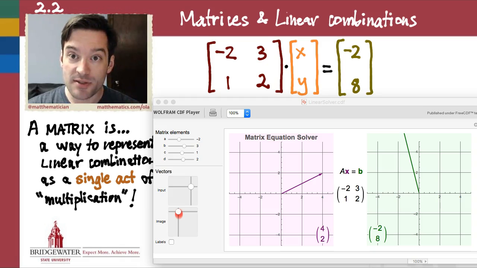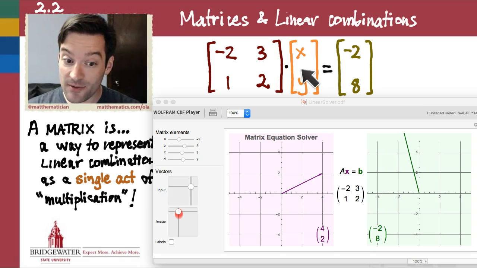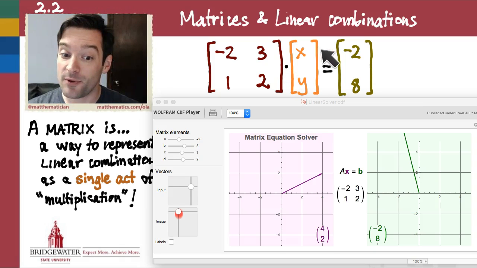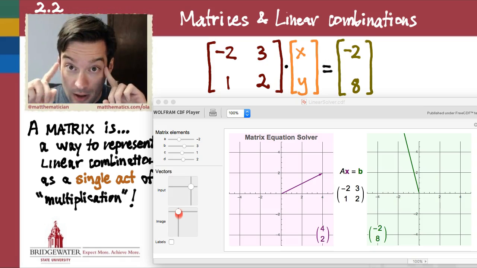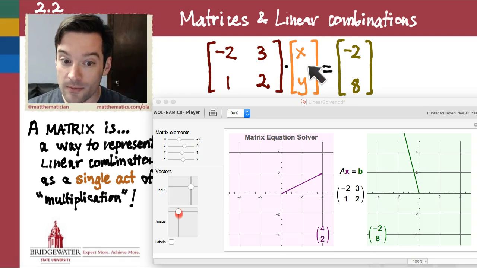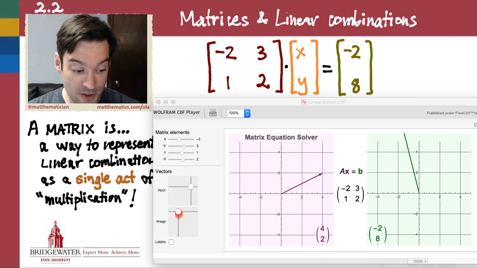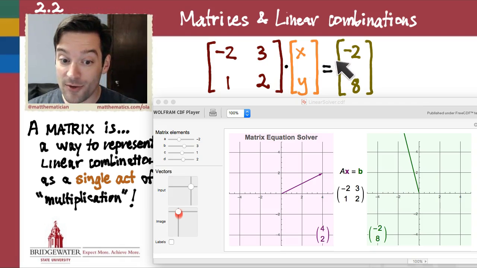The way a matrix defines a function is by multiplying its input, which is a vector, on the left to produce the output. So the key mental shift is that we're thinking about this unknown vector, this x vector, as an element of the domain of a function, and this output vector, my b in my matrix vector equation, as an element in the codomain of that function. Here's the input, here's the output.